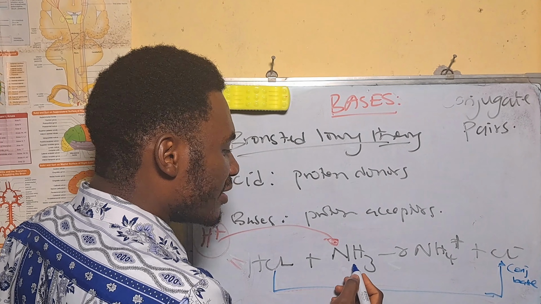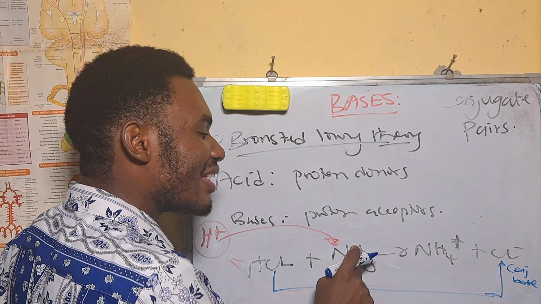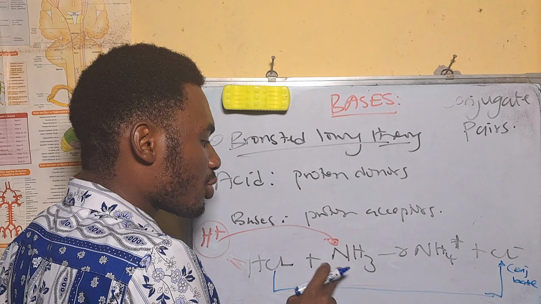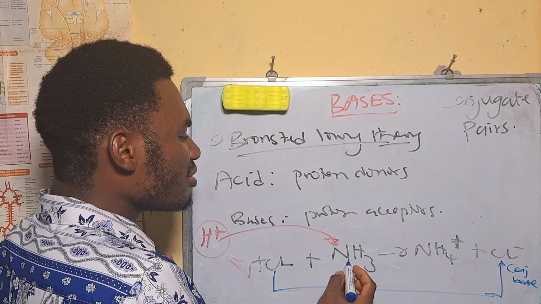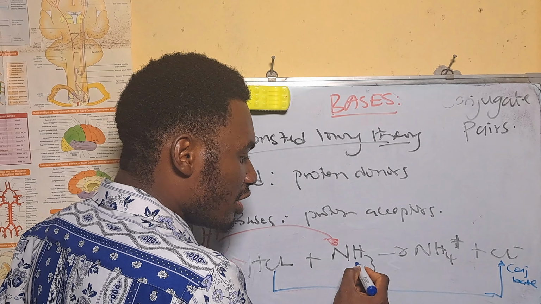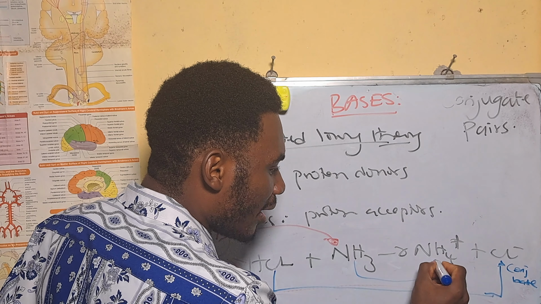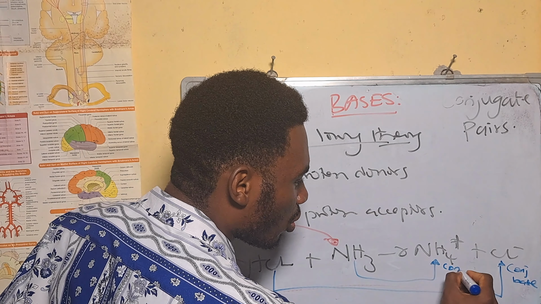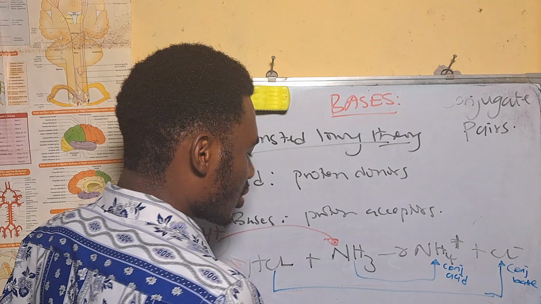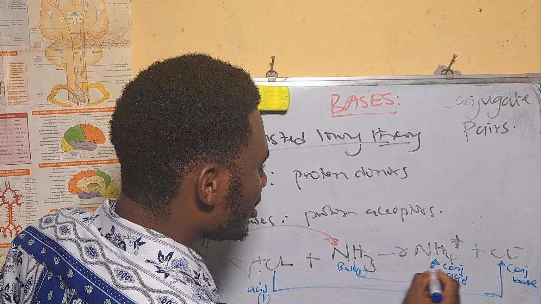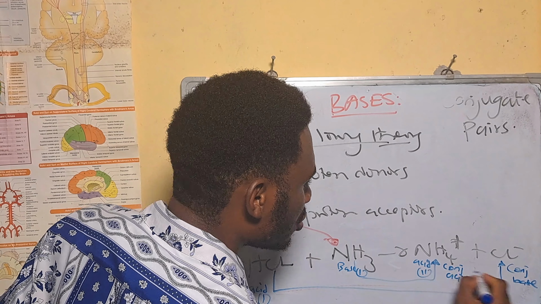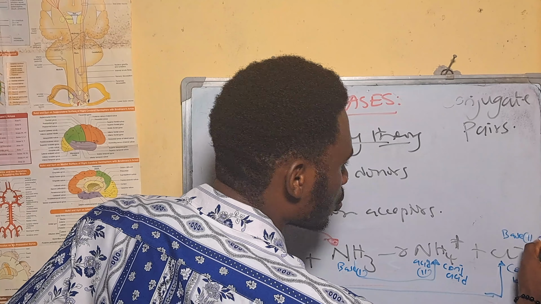So this base accepted a proton, because it's a proton acceptor. According to this theory, bases are proton acceptors. So once this base accepts a proton, it's going to change to form an acid here, called a conjugate acid. So this is acid 1, this is base 1, this is acid 2, and this is now base 2.